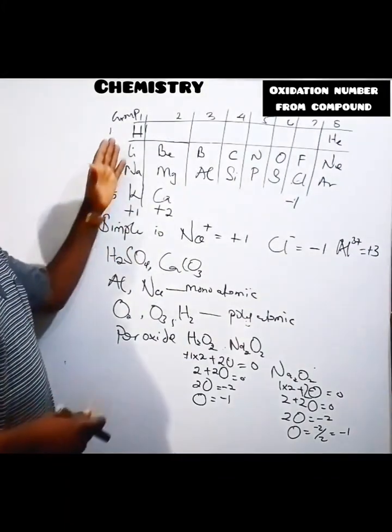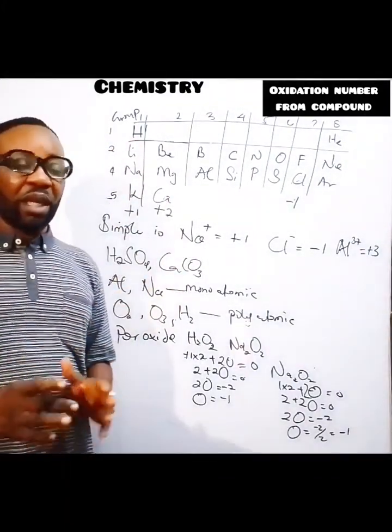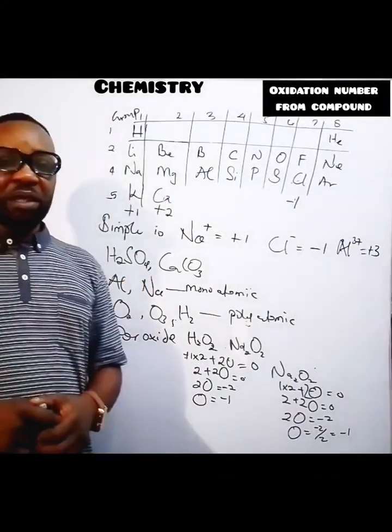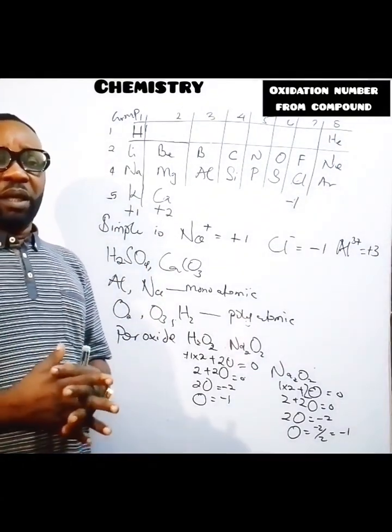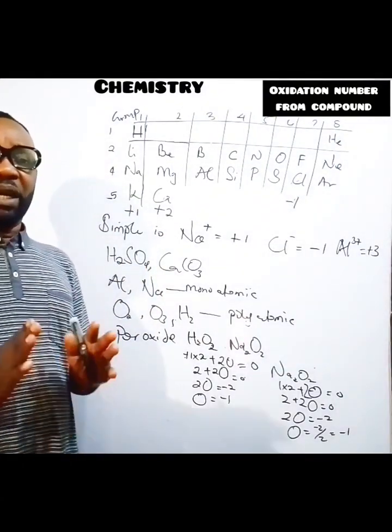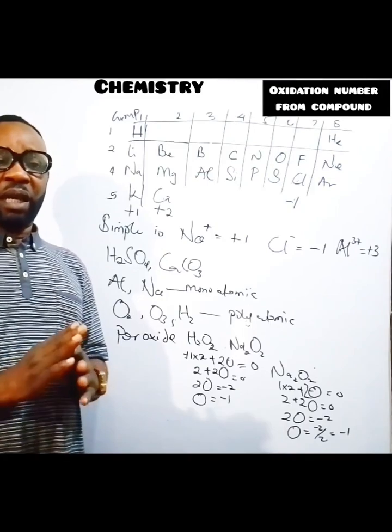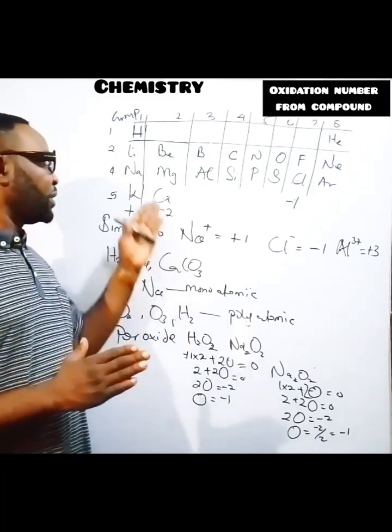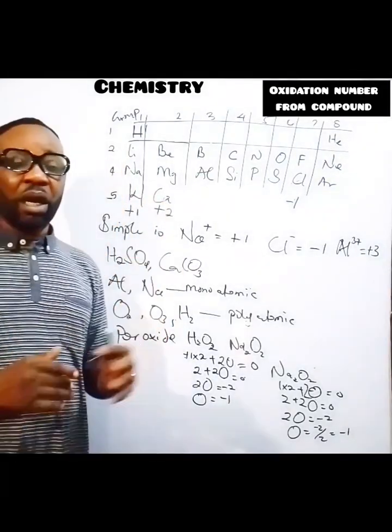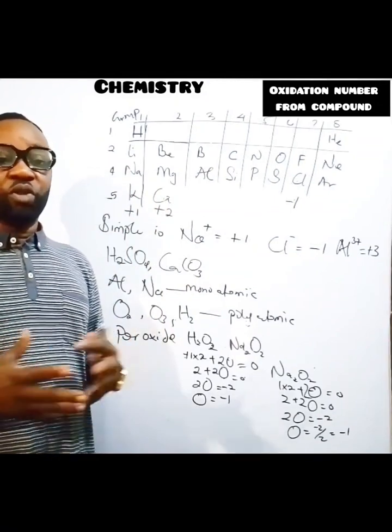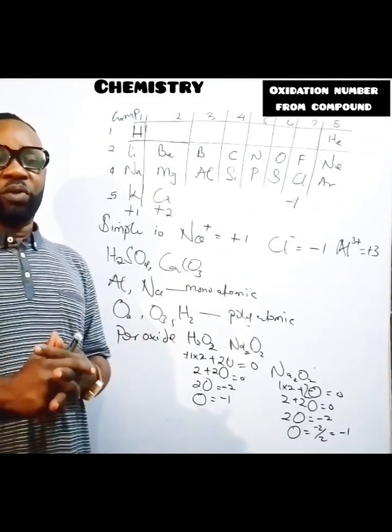Now, we also need to look at the oxidation number of hydrogen. The oxidation number of hydrogen in its compound state, as I have stated earlier, is +1. But there is an exception. There are different exceptions that can make hydrogen not equal to +1.